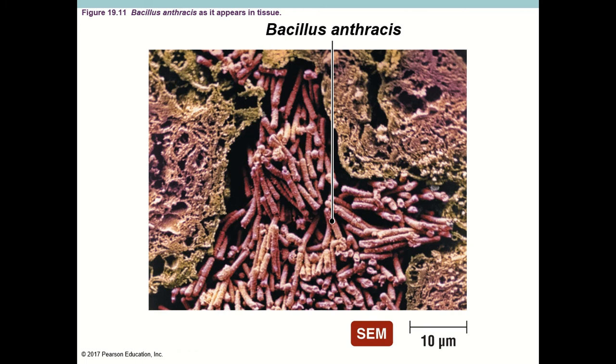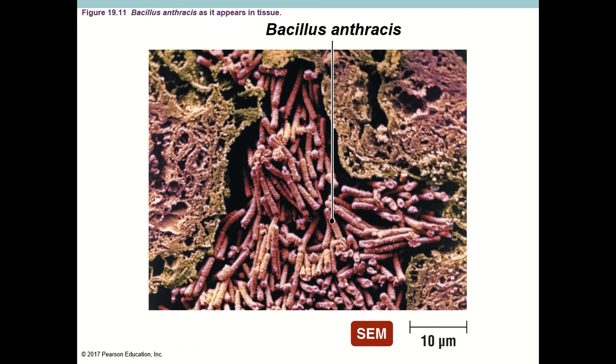Endospores, if you recall from early in the semester, are small little capsules that contain the DNA of the bacterium, which are highly protected by a peptidoglycan or a carbohydrate capsule, which basically gives the bacteria the adaptations necessary to maintain a dormant period in case they're not in a beneficial environment.